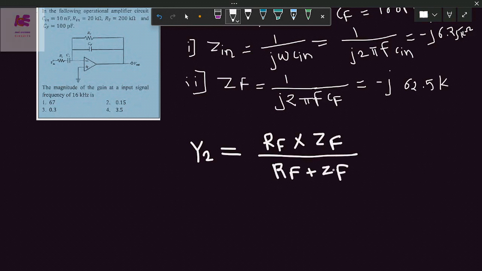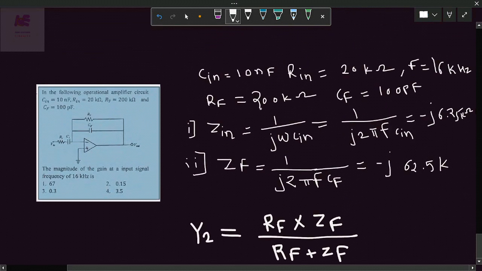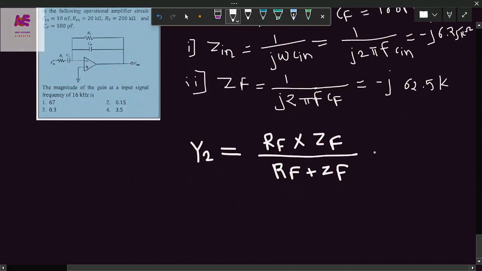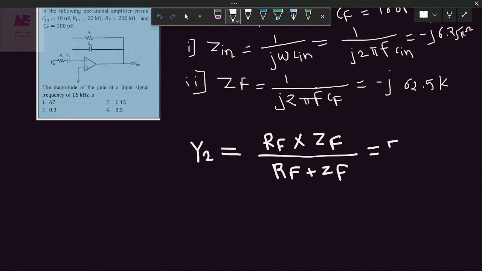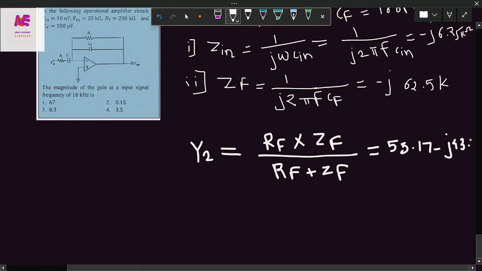We calculated ZF, which is minus j 62.5 k, and RF is given, that is 200 kilo ohm. From this we find Z2, and what I am getting is 55.17 minus j 43.1. So this is the value of Z2.